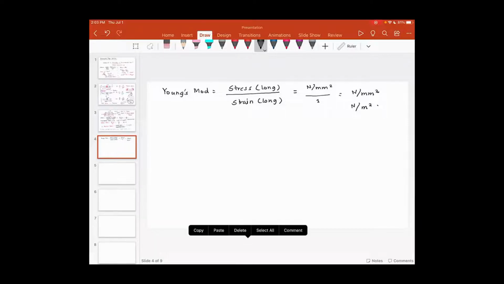If Young's modulus is defined as E, stress is defined as sigma, and strain is defined as epsilon, I'm going to substitute E is equal to sigma, which is P divided by A, and strain is delta over L. I want you to observe the way I write this equation.